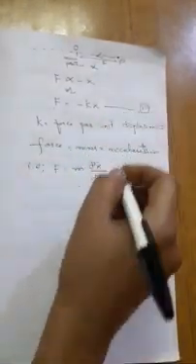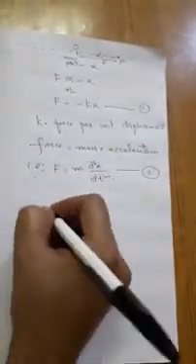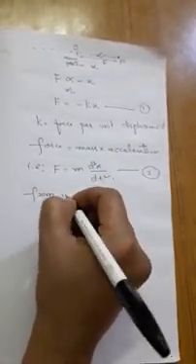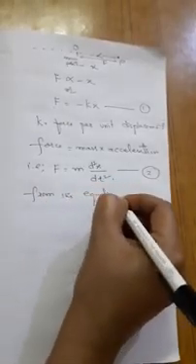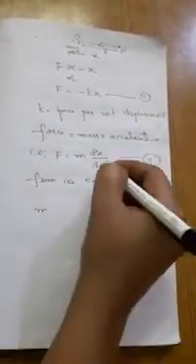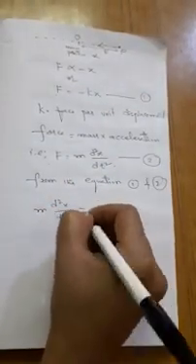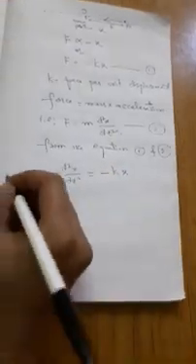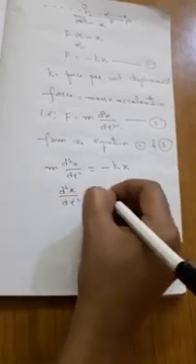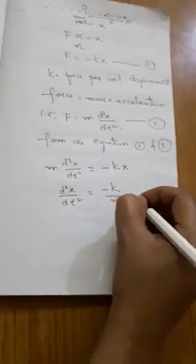So we can equate equations 1 and 2. From equations 1 and 2 we get m into d square x by dt square is equal to minus kx. This equation can be written as d square x by dt square is equal to minus k by m into x.